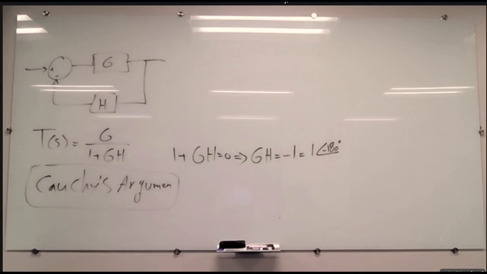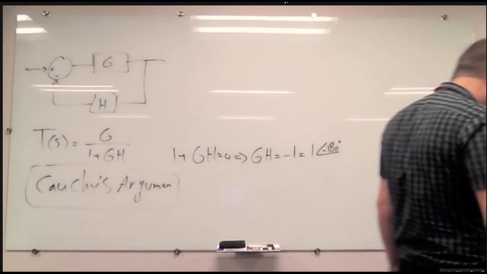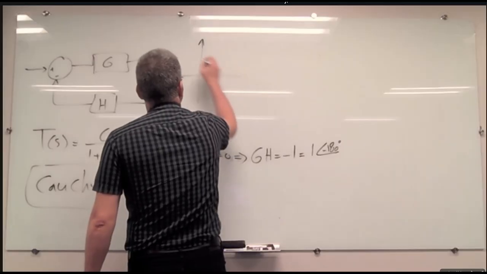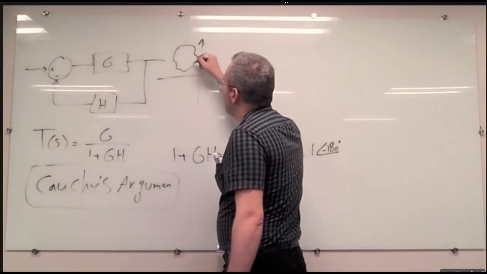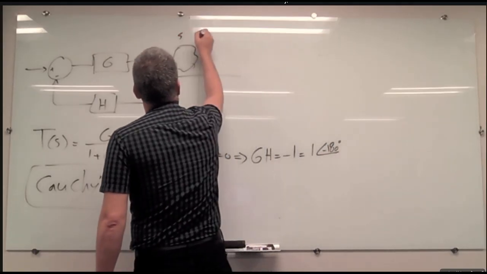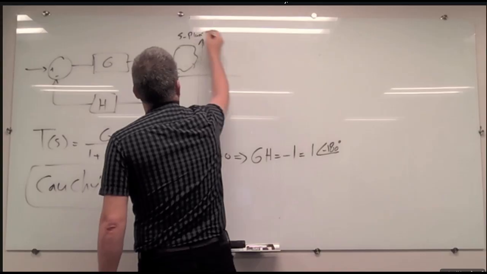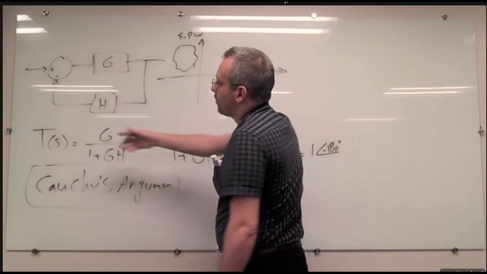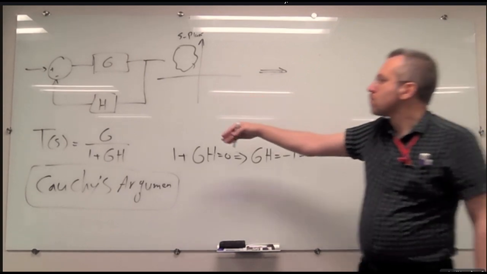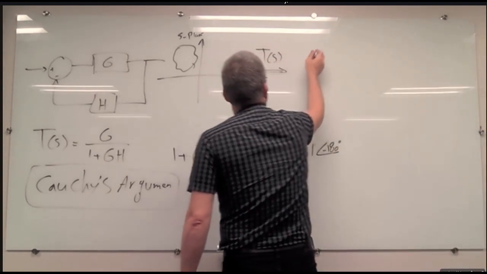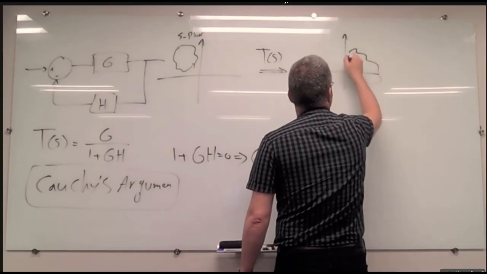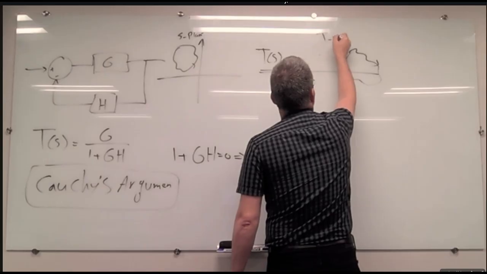What is the Nyquist? Nyquist uses Cauchy's argument, as we said, and says if we have a contour of any set of points in an S domain, this is the S plane, we can use a transfer function, for example, T(s), to map the same contour, for example, in a T plane.